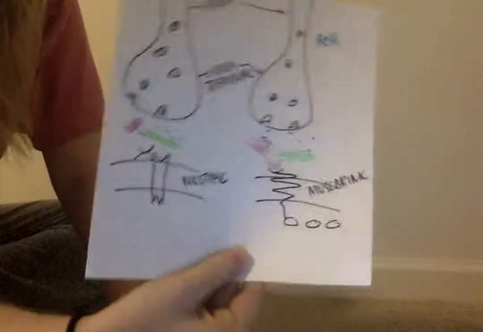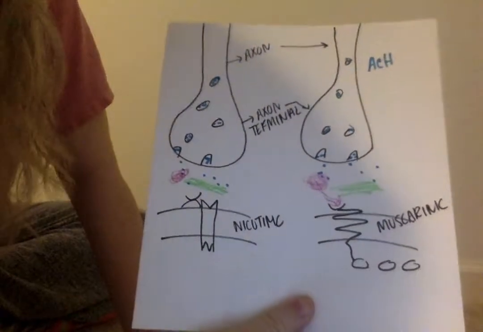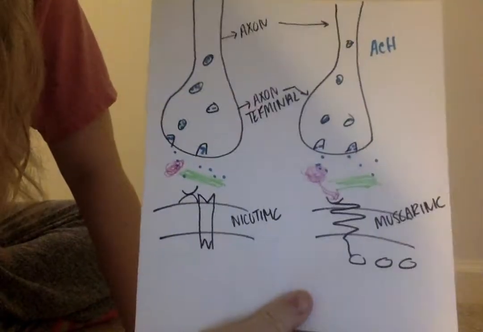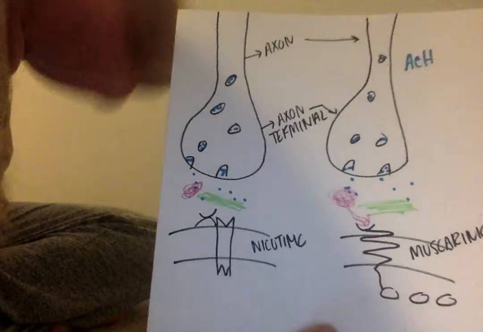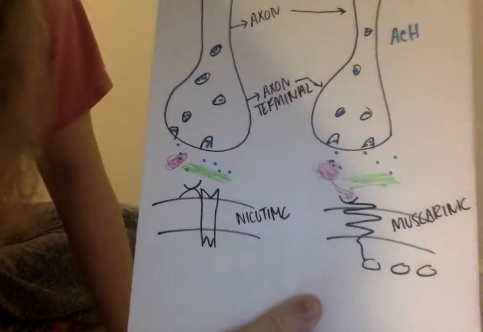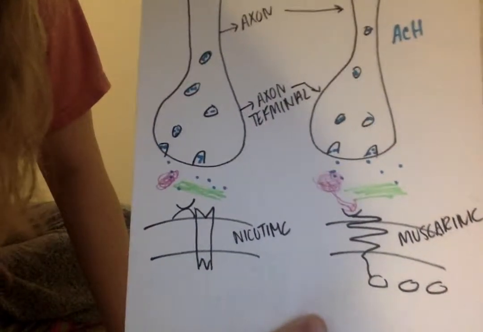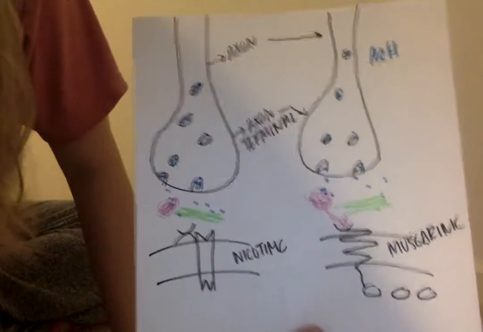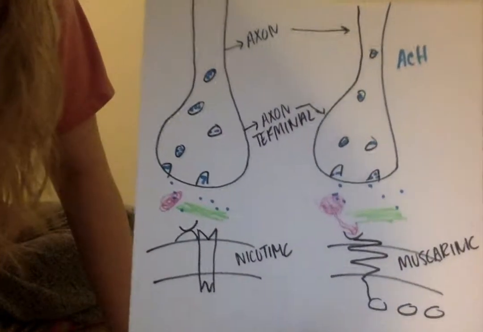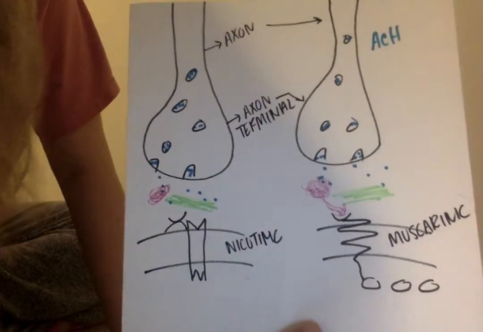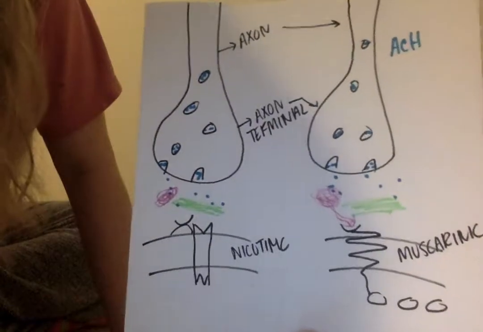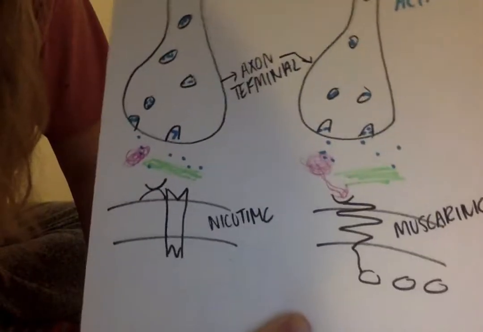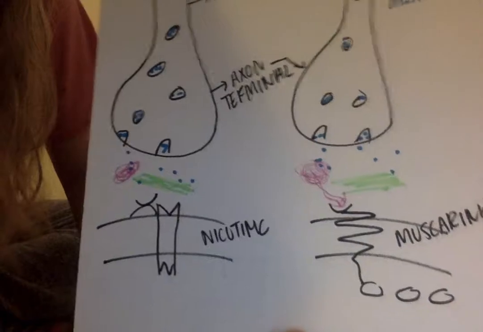Now, the implication for pharmacology with this is that you can alter the acetylcholine, but that's going to affect all your nicotinic and all your muscarinic receptors in the body. So that's not very specific. It's not very selective. If you introduce something more specific that alters or blocks the nicotinic or muscarinic receptors, then it's just going to alter those two. It's not going to affect everything with acetylcholine, so it's more specific.